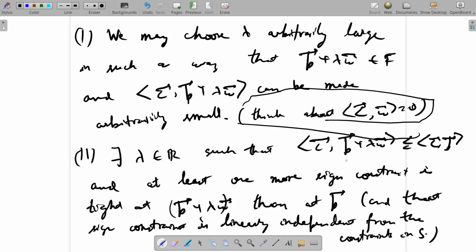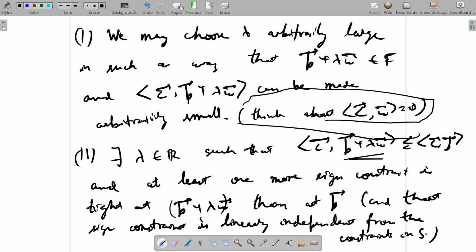This P plus lambda W satisfies sign constraints and they are linearly independent, and it satisfies one more equality constraint than P. So it is kind of tending towards a vertex. If it satisfied n linearly independent equality constraints, then it would be a vertex by one of our previous lemmas. That would be R equals n. That was the case too.